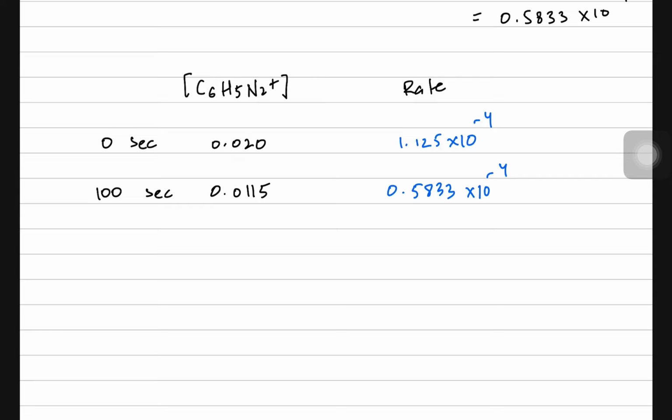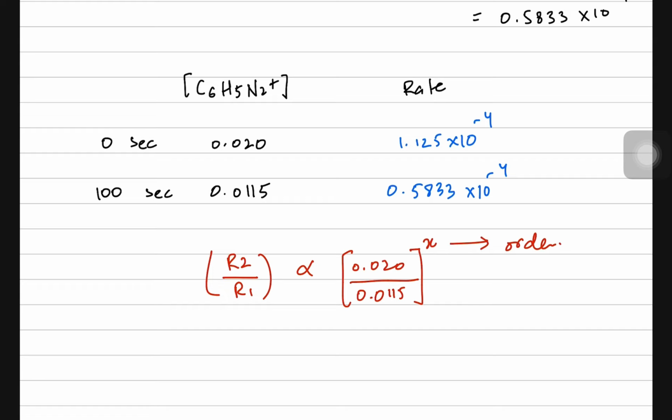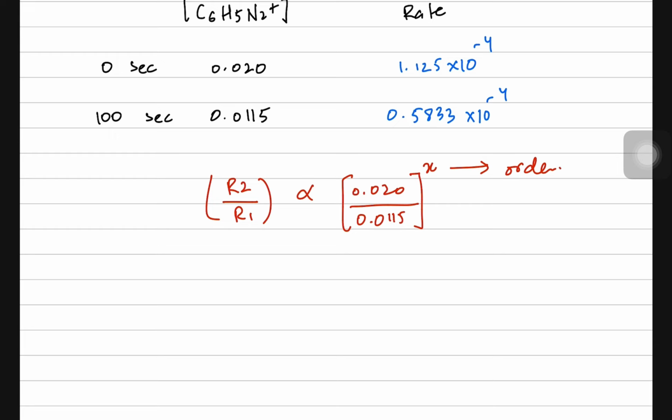You can see that the concentration is changing, the rate is changing. If I find the ratio of the rates and relate it to the ratio of concentrations raised to the exponent of the order of reaction, let's call it x. Don't forget to put the exponent, because orders are always there. So if I relate the ratio of rates to the ratio of concentrations, I will see there's going to be some order over here.